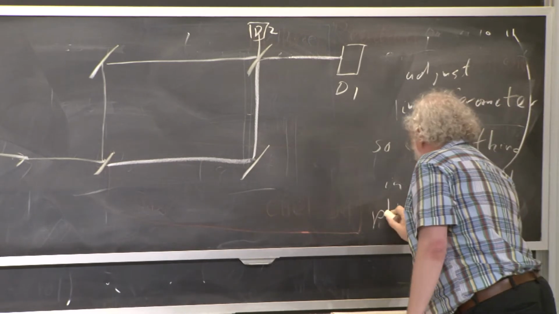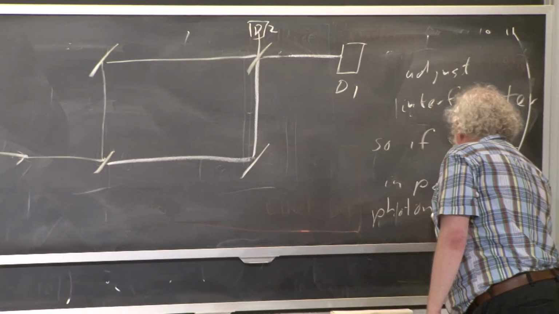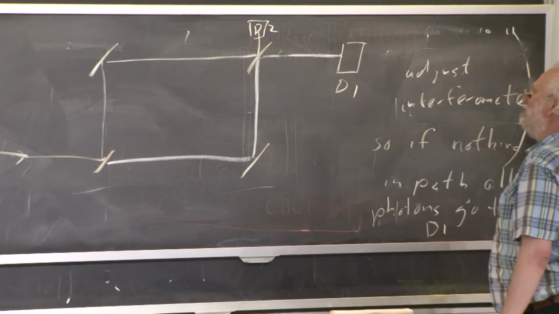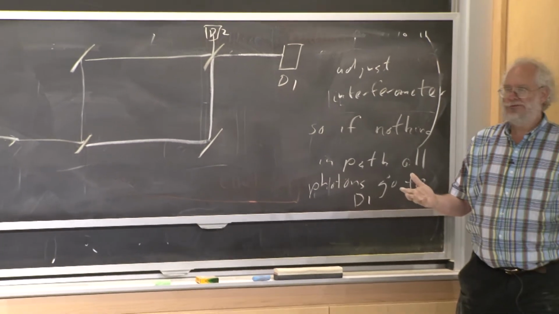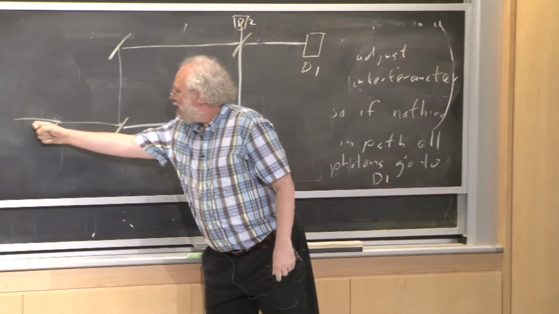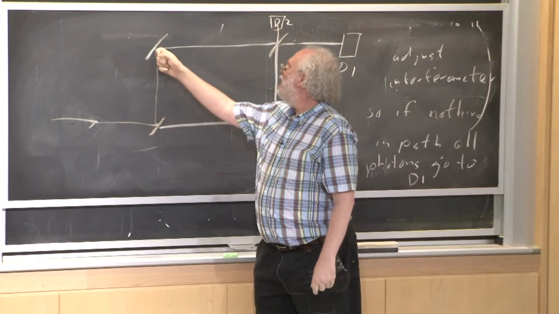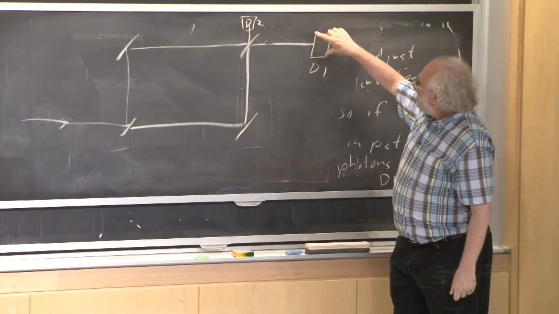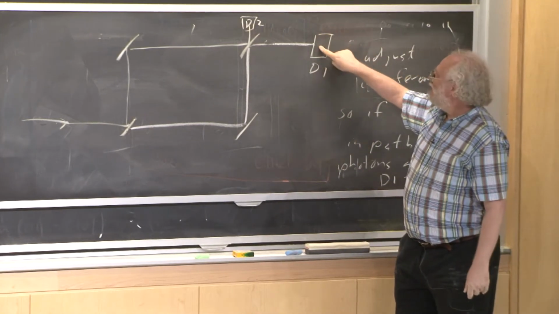All photons go to detector 1. You can model this as basically a Hadamard gate, and this is another Hadamard gate. When you multiply them, everything goes to this detector.